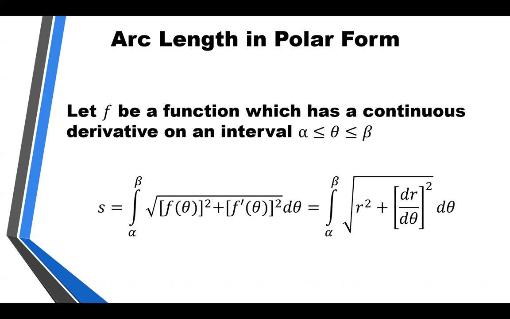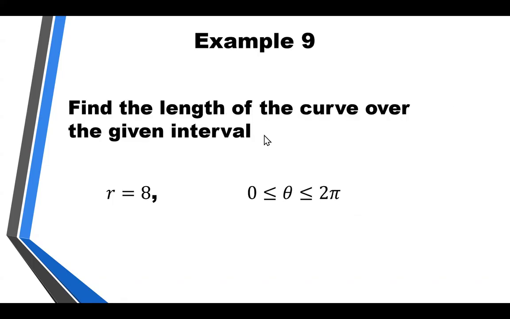We're getting little bitty straight lines and then adding them up, and then it's turning into this formula here. Let's take an example that we know what should happen on, and let's see if it works the way we think it should.